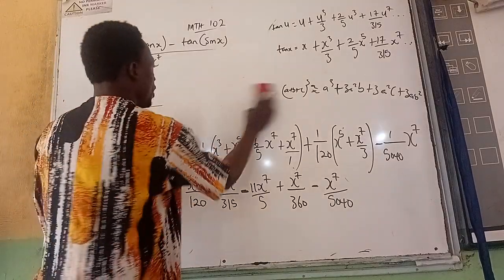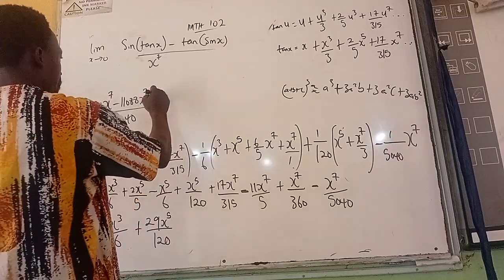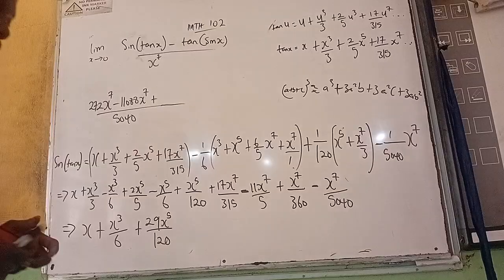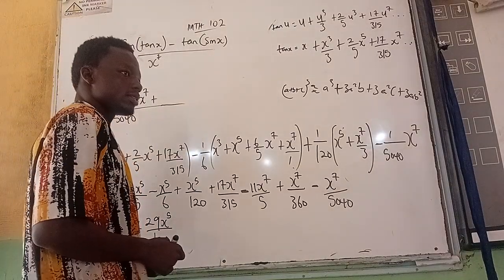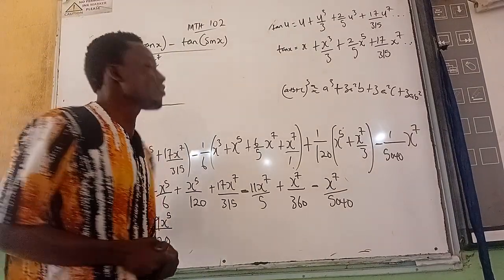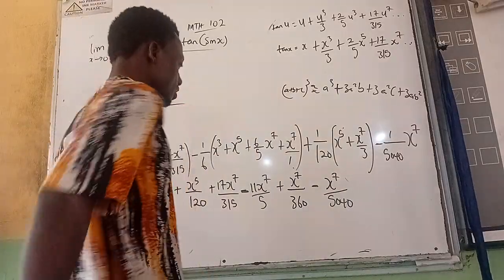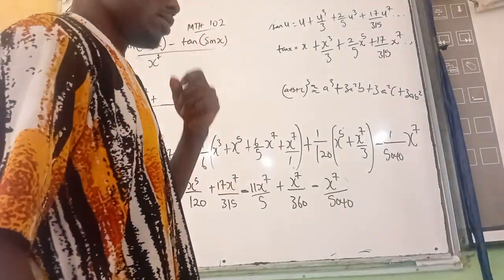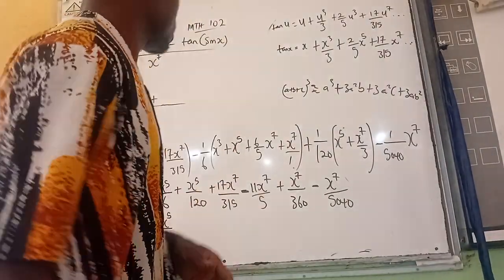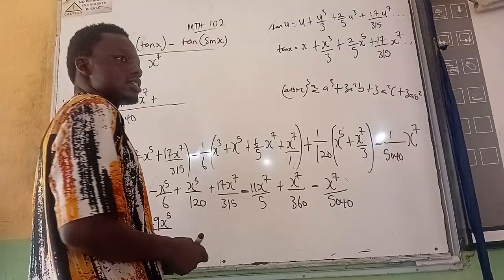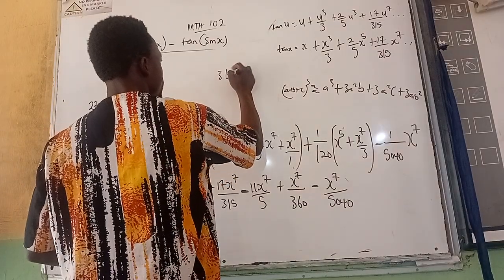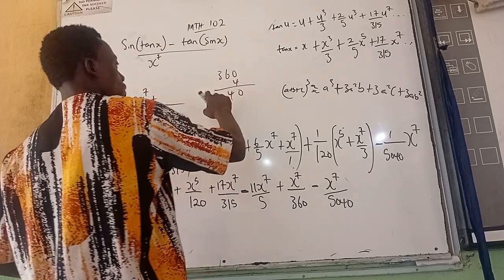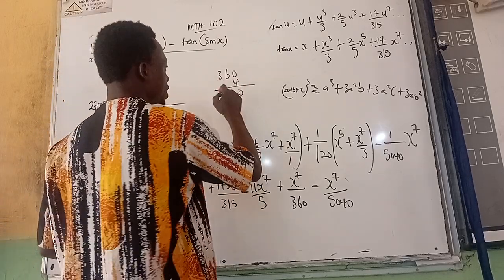x^7. Are we together? x^7 plus 360 in 5040. 360 times 14, let's try that. 360 times 10 is 3,600. 360 times 4 is 1440.